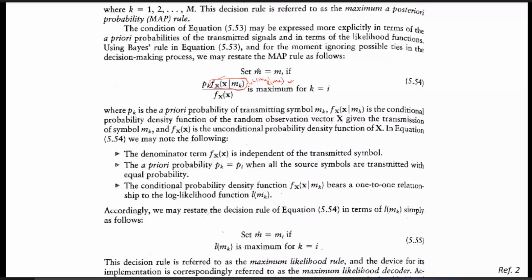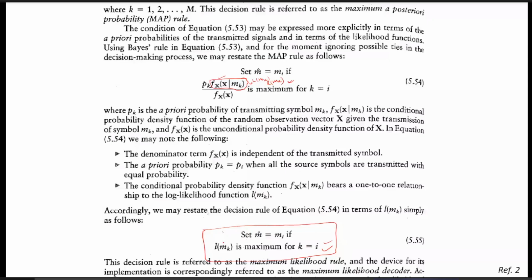So in a simple sentence, the receiver can set m cap equals to mi if the log likelihood function is maximum for k equals to i. The receiver simply has to calculate this l(mk) for k equals to i. That is, there are N correlators, and for each correlator the receiver calculates l(m1), l(m2), l(m3), up to l(mk).